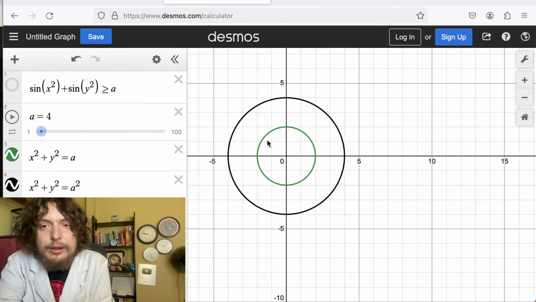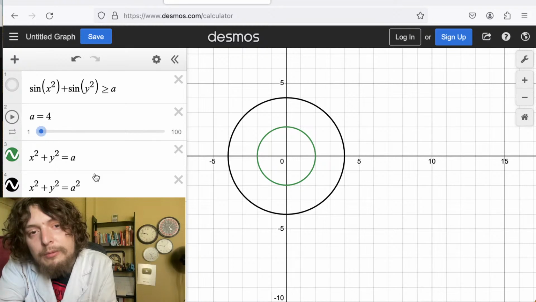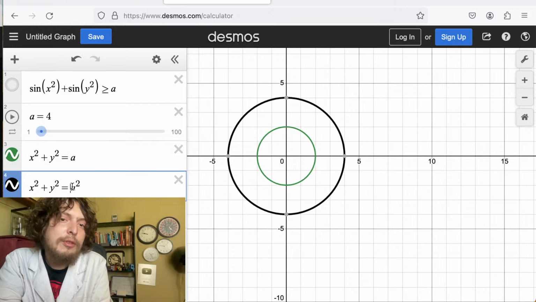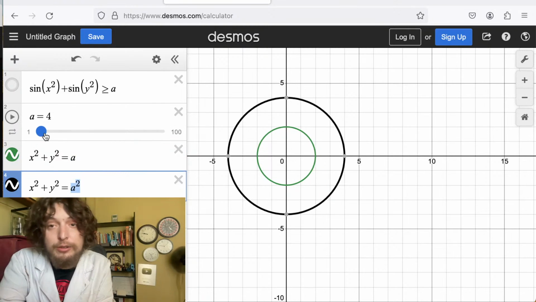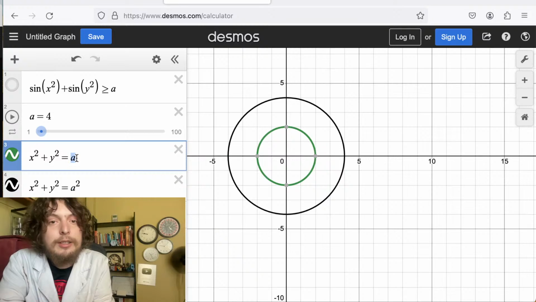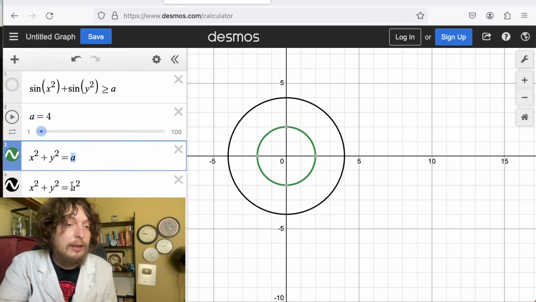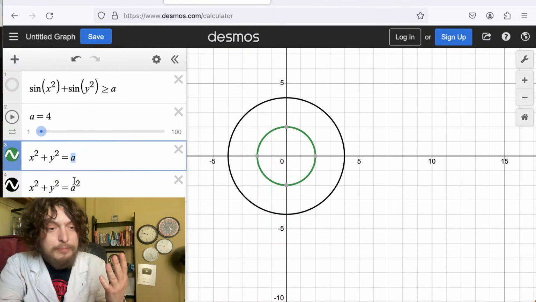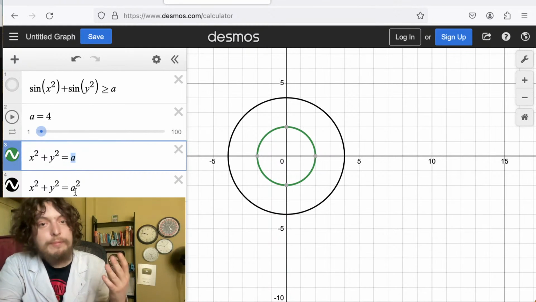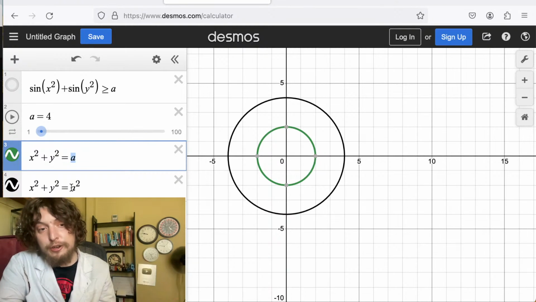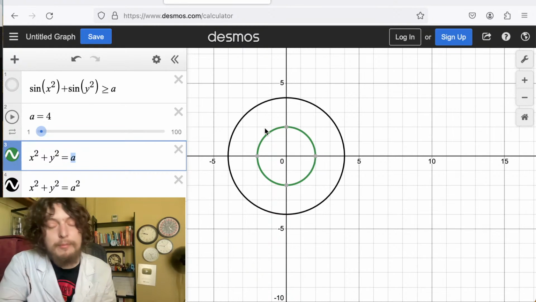And the reason it doesn't matter if I call it the radius or the radius squared when I'm looking at these graphs is that as long as I know that this represents either the radius or the radius squared, I'm okay. So if I have it set to 4, I could be expecting a circle with radius 4 or a circle of radius 2, which are these two circles.